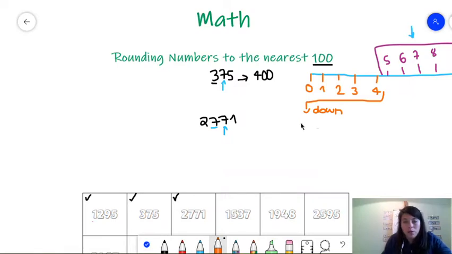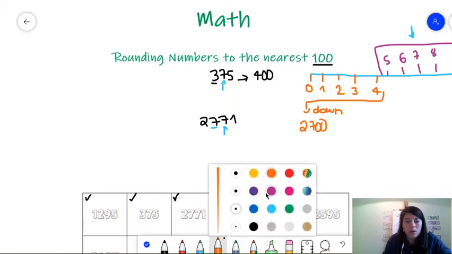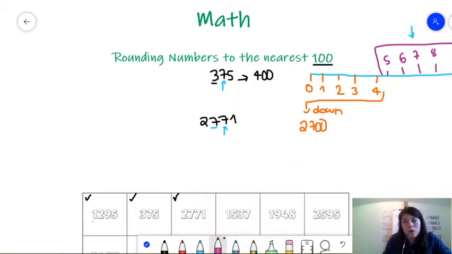Well, 2,700. And which is the nearest hundred that goes up? 2,800. Now, according to my rule, the number next to it, which is 7, should be rounded up.